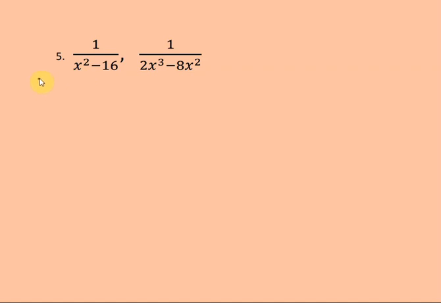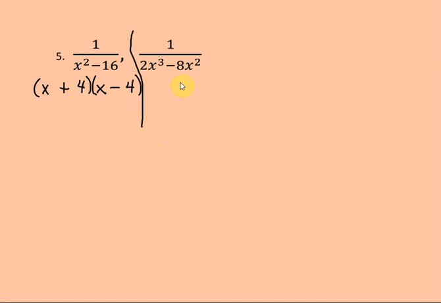So this can be factored into, remember, for a difference of perfect squares, we take the square root of the first term. The square root of x squared is x. The square root of 16 is 4. And we do one of each sign, one plus and one minus. Okay, now let me divide this so we can see what goes with what.